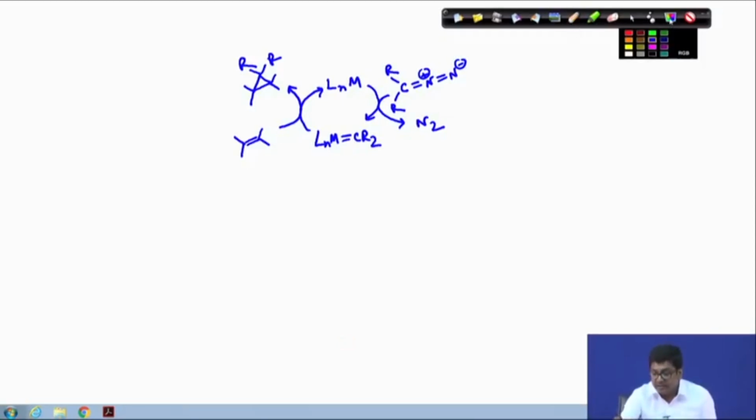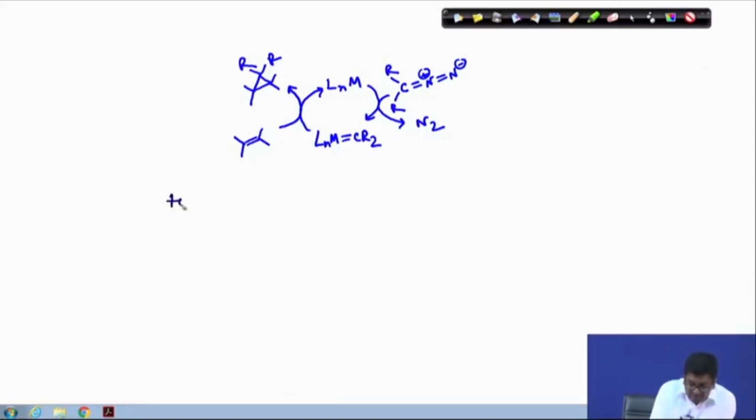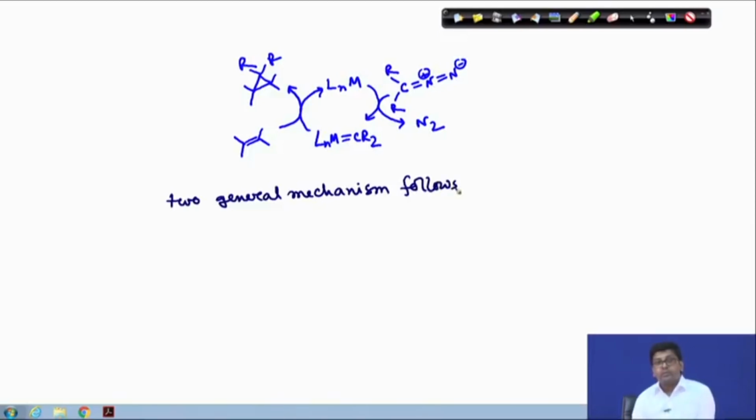What I mean is that when this transition metal carbene complex is used in cyclopropane synthesis, it follows two general mechanisms.